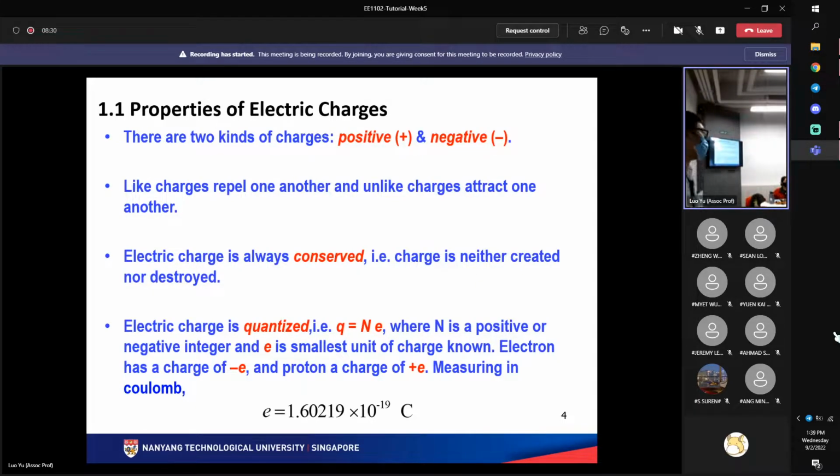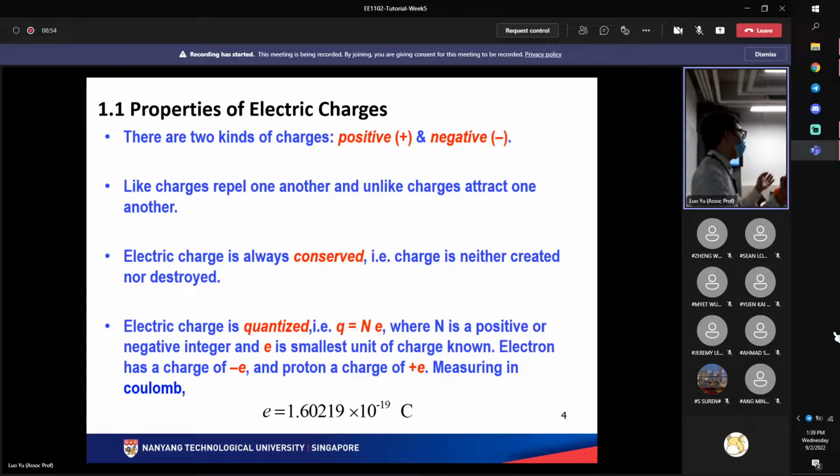First, the properties of electric charge. There are 4 properties. First, in the universe we only have 2 kinds of electric charge, one positive, one negative. Only these two. The second property is that like charges always repel each other, while unlike charges always attract each other.